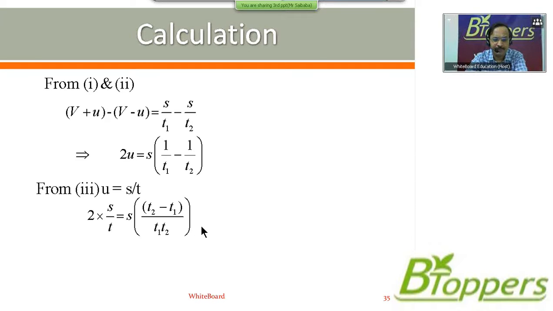You get this equation. You can simplify this, you get the result I have given in the beginning. In case you are interested to copy the solution, you can take a pause and copy the solution. You get T equal to T1 T2 by T2 minus T1.